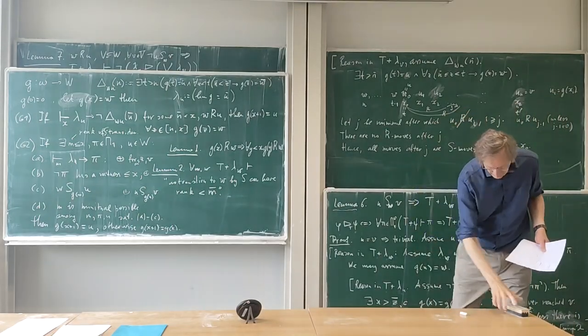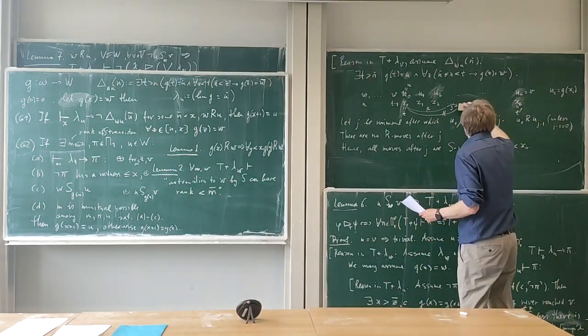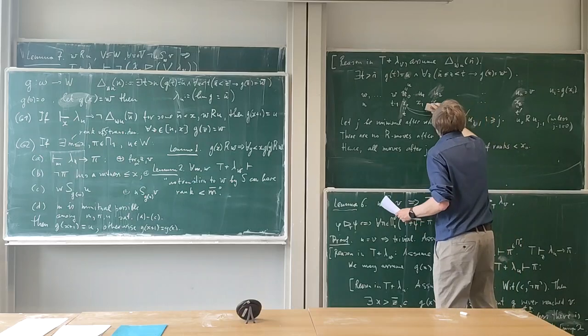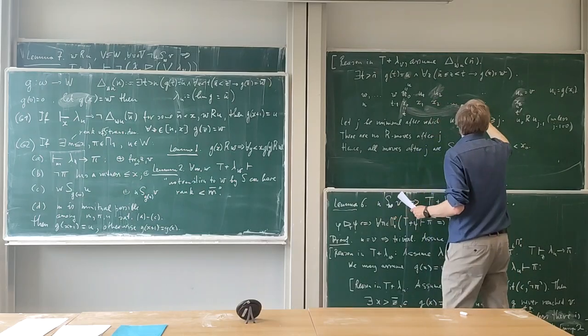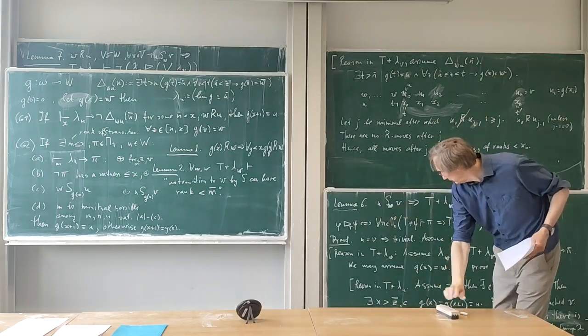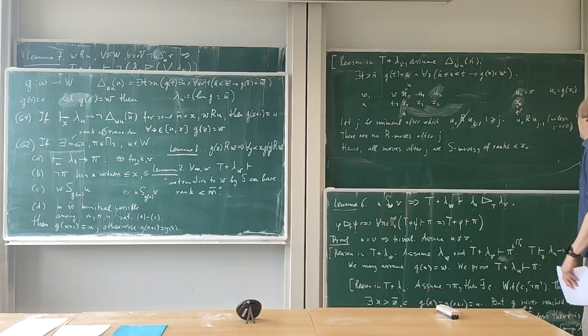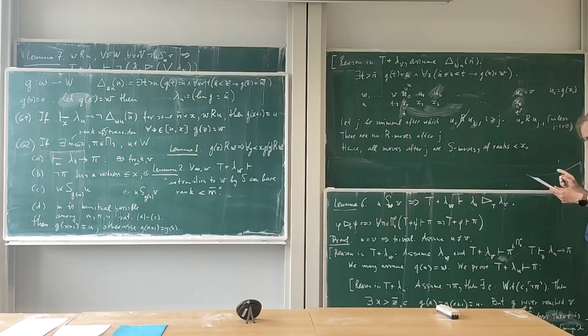So that gives us the following, that all the ranks of these S moves had to be below x0, had to be below x0.